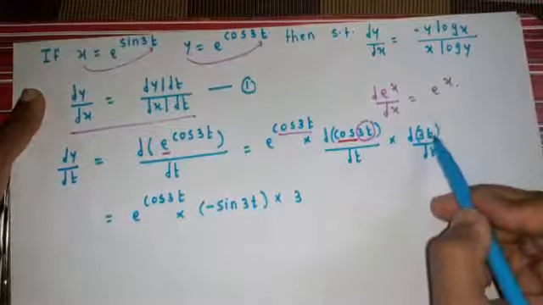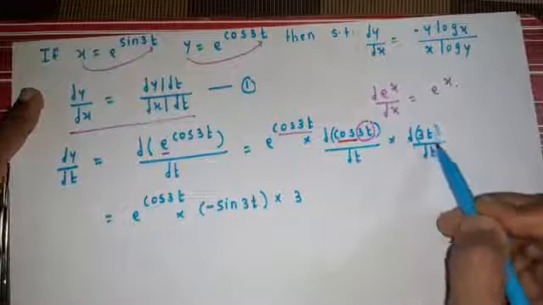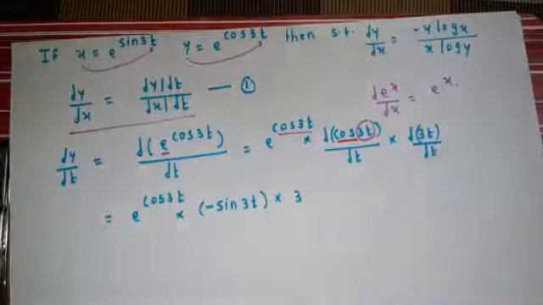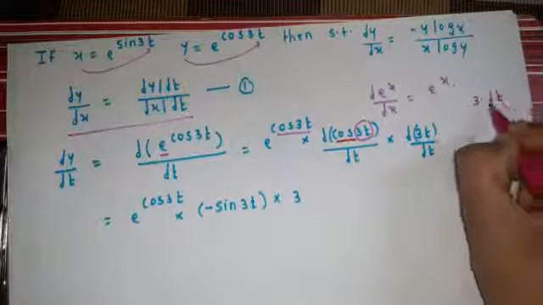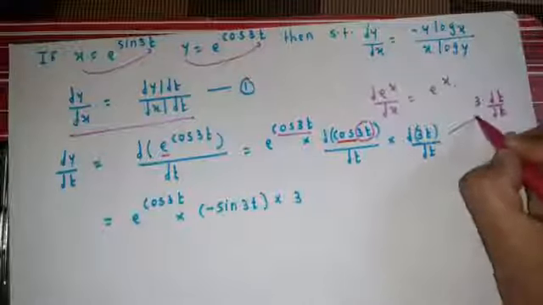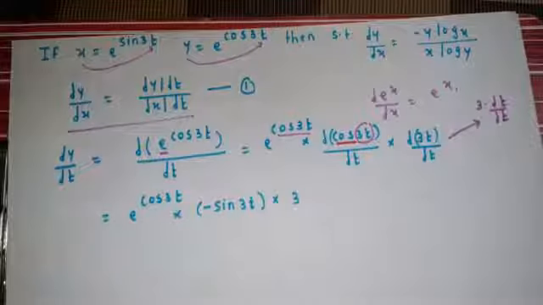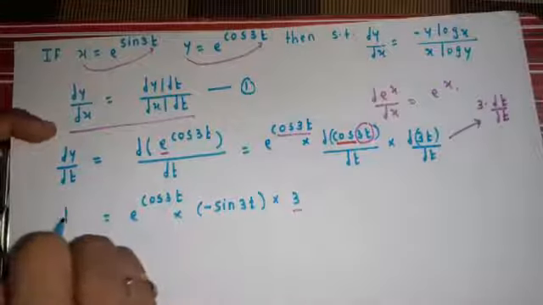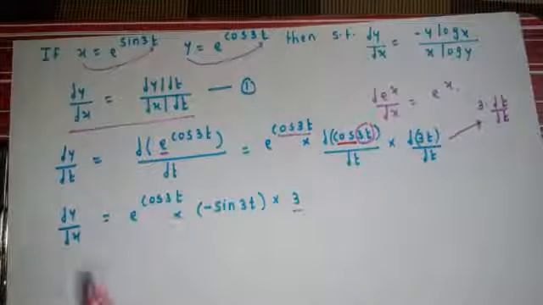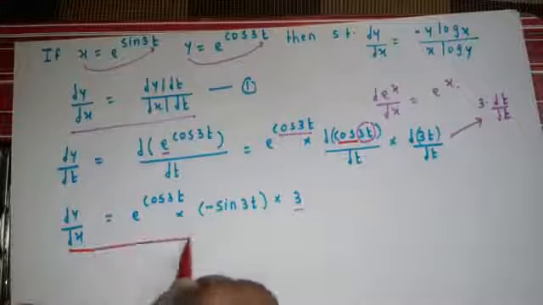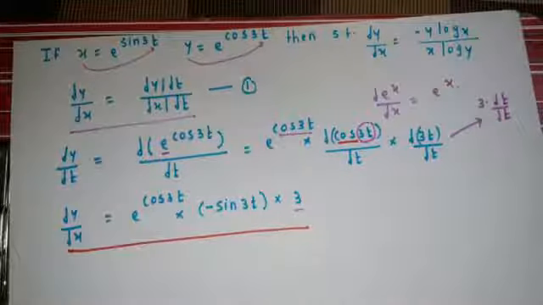Here 3 is constant and differentiation of t with respect to t is 1. In this way, this is dy by dt, and this is 2, the second.